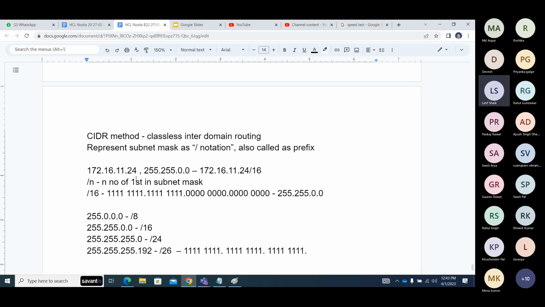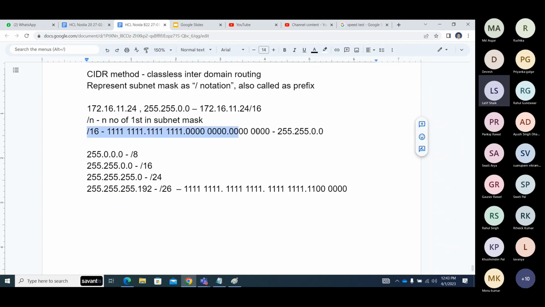Now 2 more ones are there, like this. 11000000 represents 192. That's what I wrote. So this is one example of binary and slash notation, and this is another example.